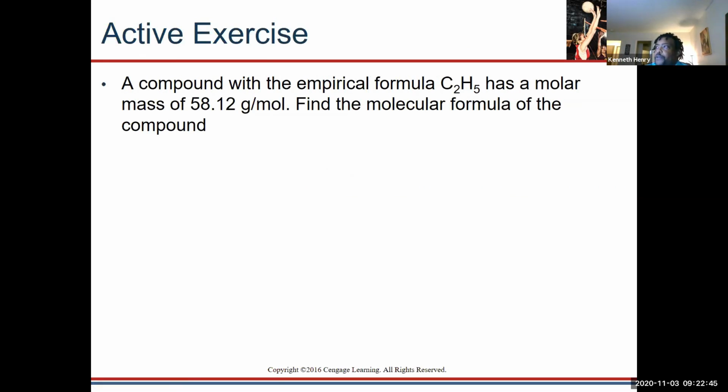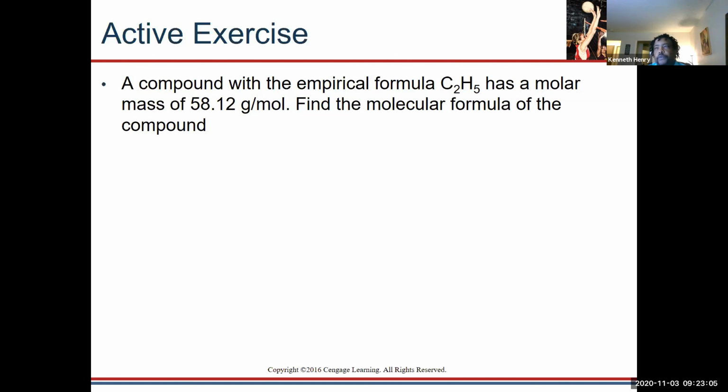A compound with the empirical formula C2H5 has a molar mass of 58.12 grams. Find the molecular formula of the compound.